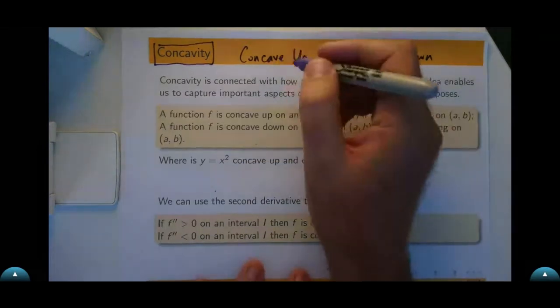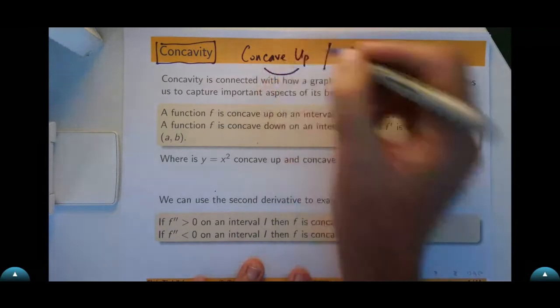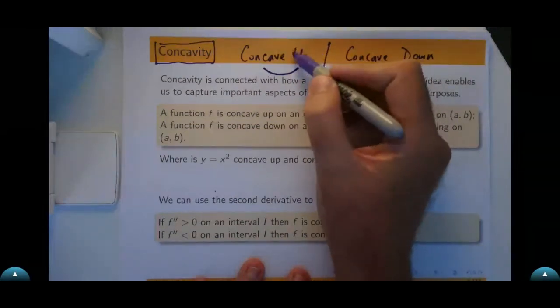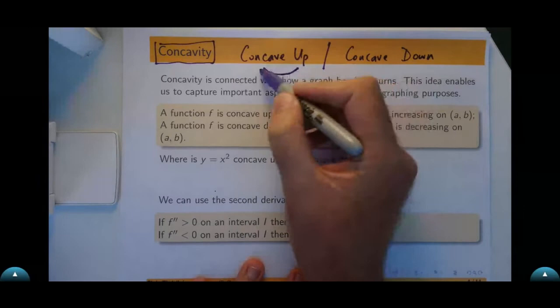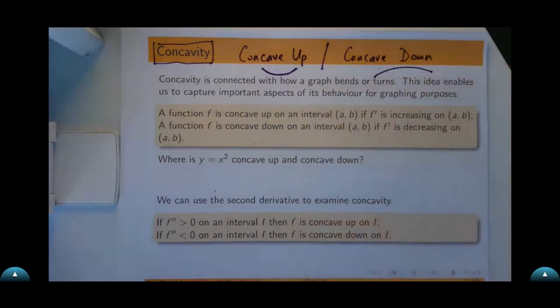As a very simple drawing, a concave up function might look like that. Remember the u from the up, since it looks like a u, and concave down you can think of it like that.